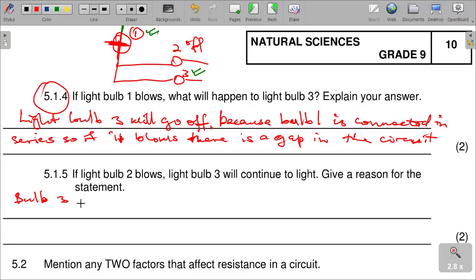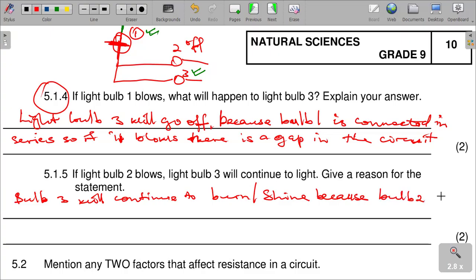Bulb 3 will continue to burn or to shine because bulb 2 is connected in parallel.